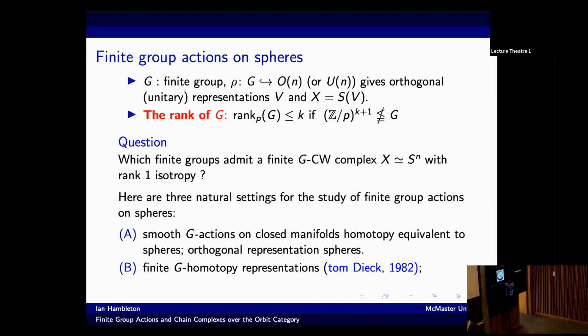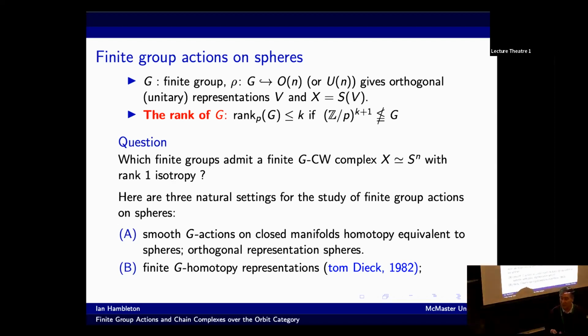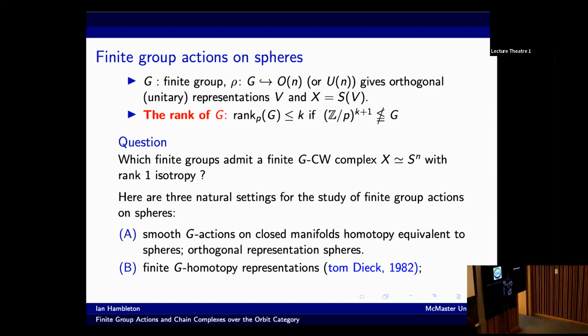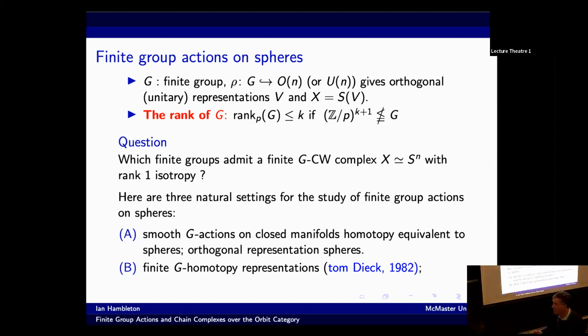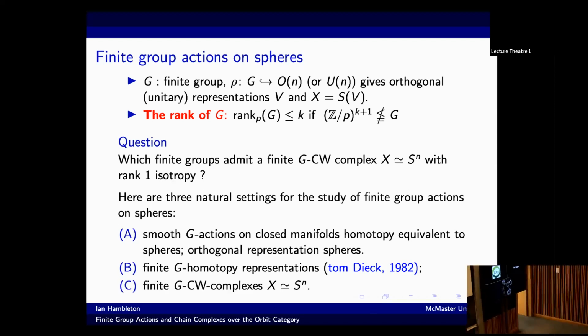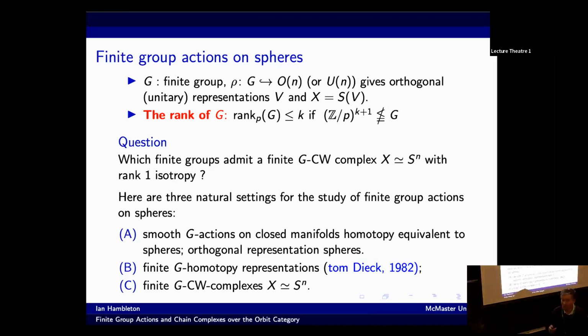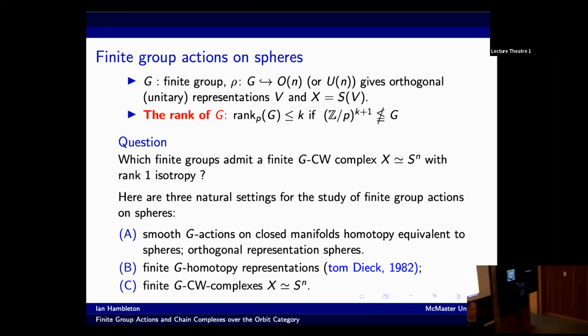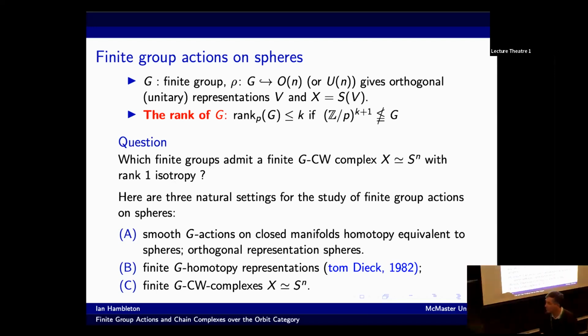That's a concept introduced by tom Dieck to model representation theory in a more general setting. And the most general setting is the one that's in the question, that is simply finite G-CW complexes homotopy equivalent to the n-sphere. Okay, so those are the three settings.